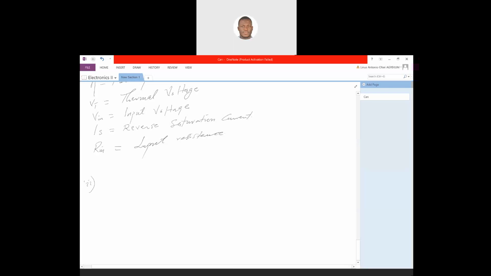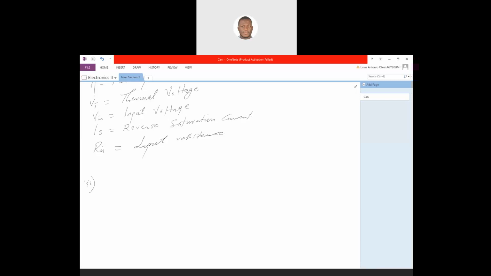Now, the next question is: what is the importance of the PN junction diode in the feedback path in place of a resistor? You realize that in the other calculation we did, at the feedback we had a resistor RF there.